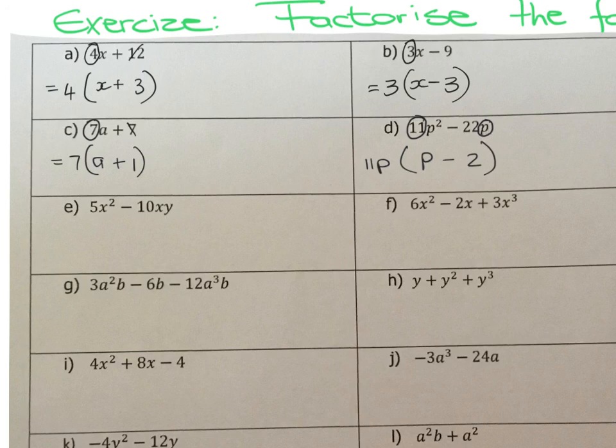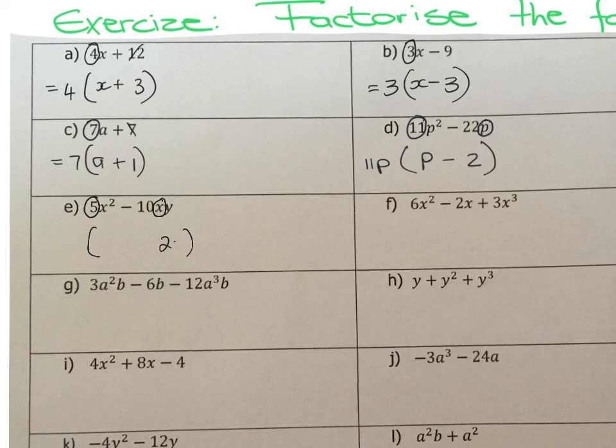Number E, my common factor is 5, and it will also be x. The lowest exponent of x is on that side of the sum. So what have I got left? On this side, 5 times what is 10? That will be 2. In other words, 5 goes into 10 twice, and there is no x. That's a common factor.